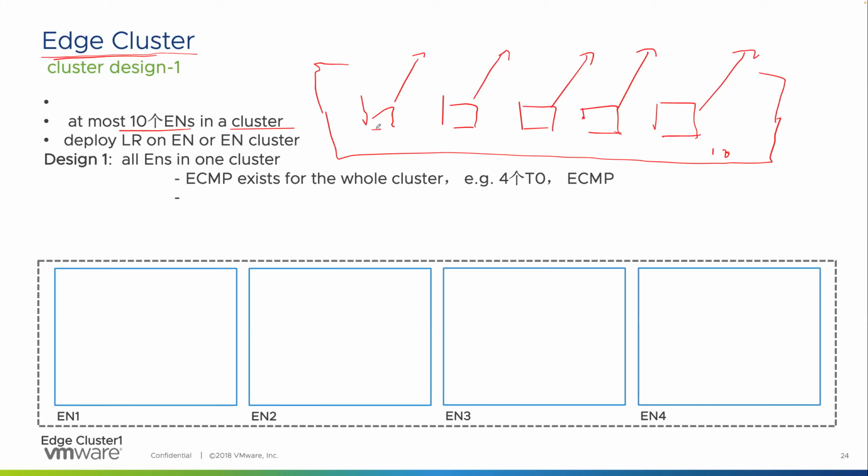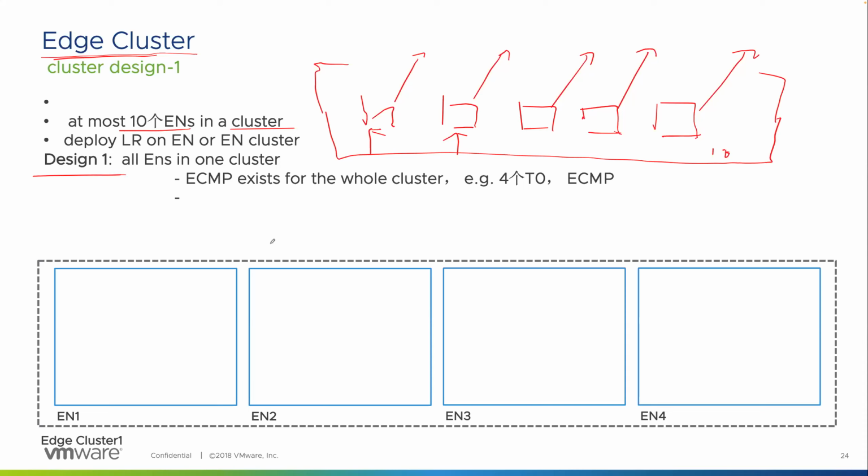In every edge node, you can deploy different logical routers or different logical router functions or modules. There are two types of design for allocating your logical router onto an edge node and then onto an edge node cluster.